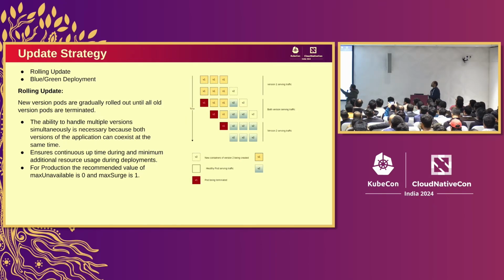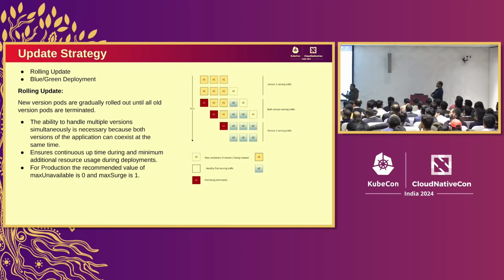So what happens with the rolling update? In case of a rolling update, the new version pods are gradually rolled out, and the older version pods are terminated once the new version pods are available. If you can see this diagram, once one new version pod is running, only then is one older version pod terminated. So this is gradually rolling out. The advantage is your application is available throughout the upgrade process, right?